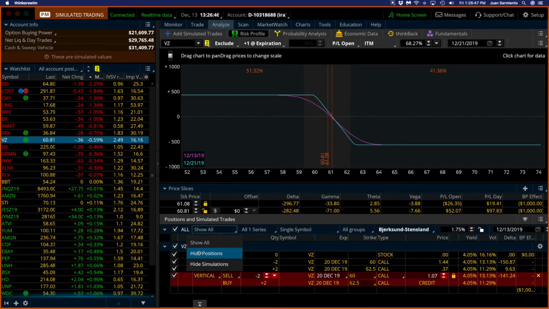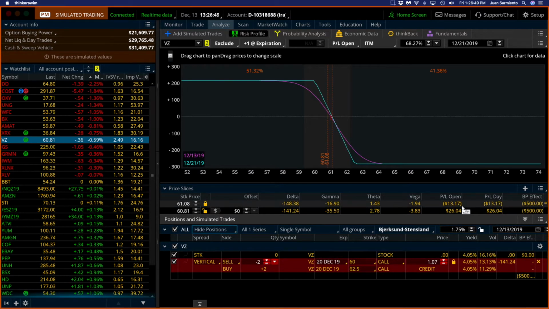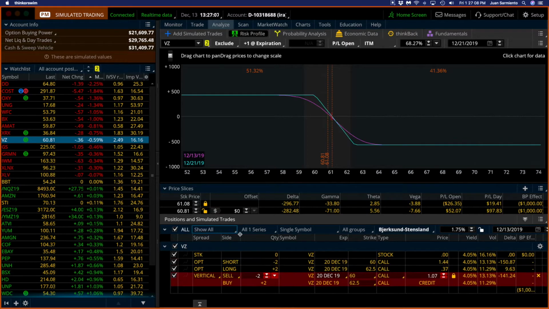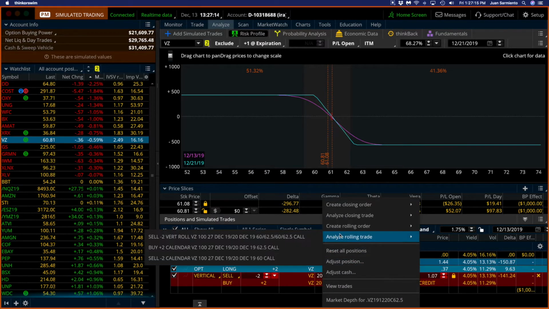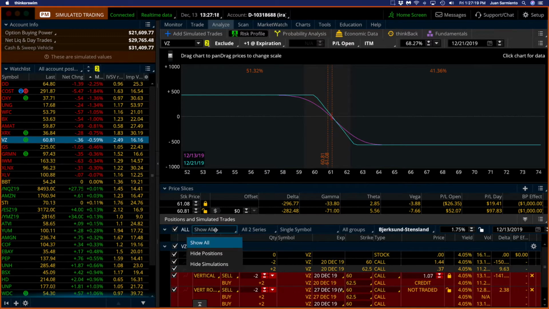Okay, so there is no doubt we have a $26 profit here. When the time comes, you might do a rollover, which means you extend it to a longer expiration. To do that, show all, select the two options that you will be closing, and say rolling trade, vertical roll, and see if that makes sense.